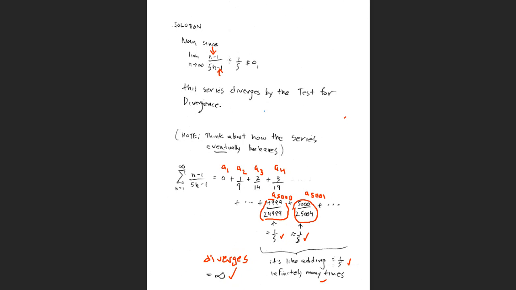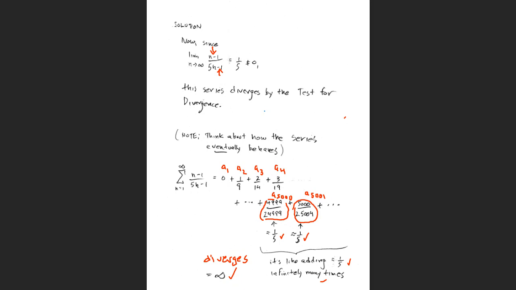Clea, what's your question? Yeah, so I'm seeing with harmonic series, usually they diverge. So is this true for all harmonic series? Well, this isn't really a harmonic series, as a matter of fact.